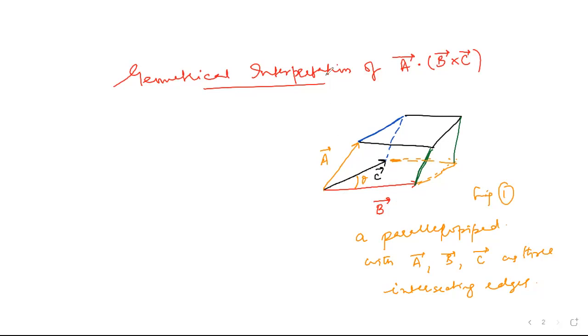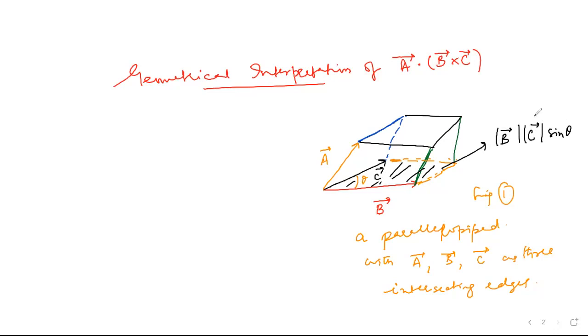So as I said, if I find the area of this base, what is this? This is just magnitude of B, magnitude of C, the sine of theta.